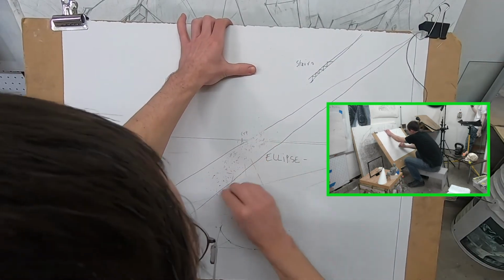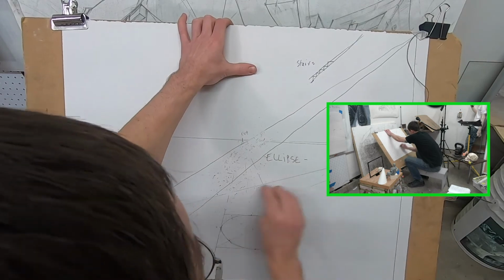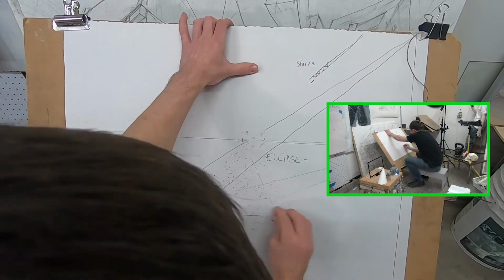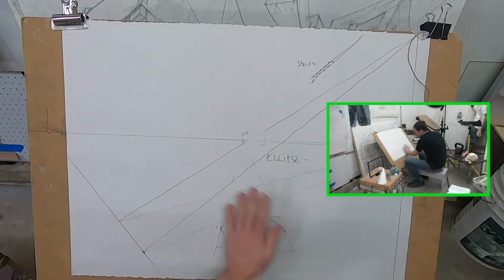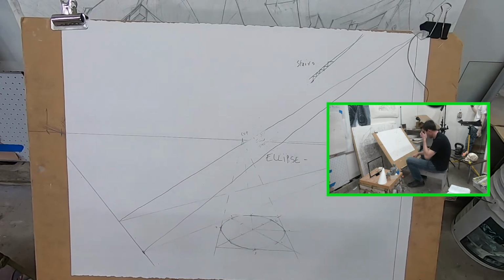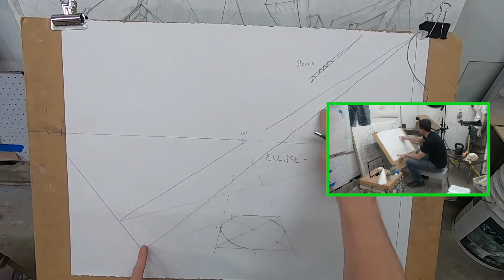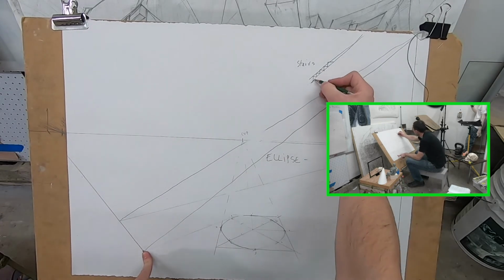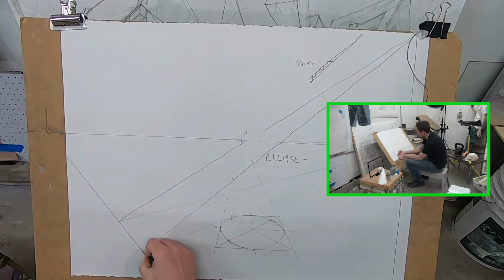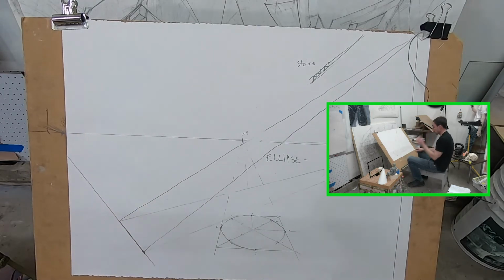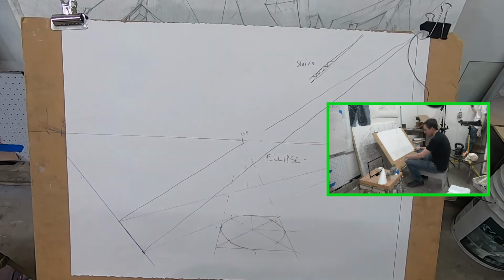Move some of this other stuff out of the way. All right, so there we have our first inclined plane, which is going to be the inside of each of our steps.